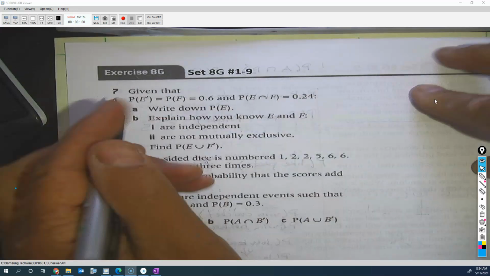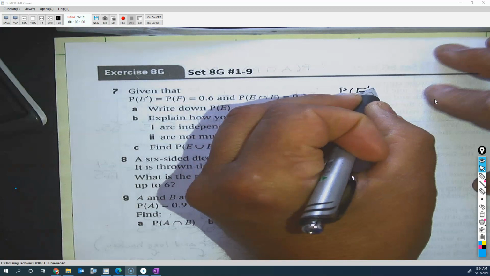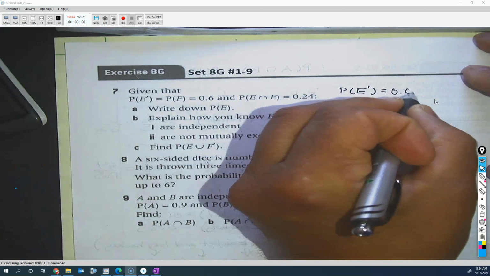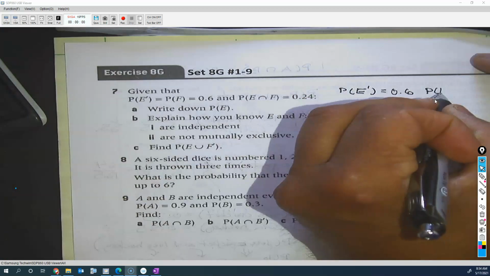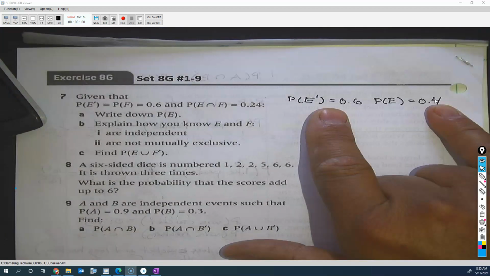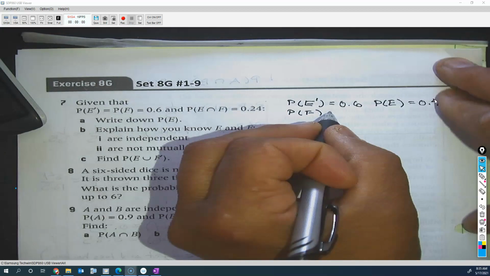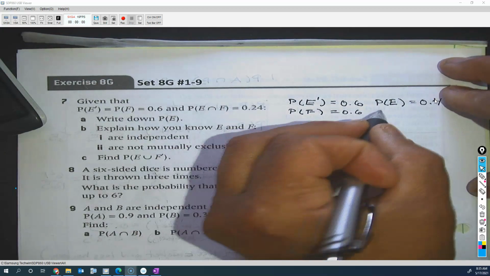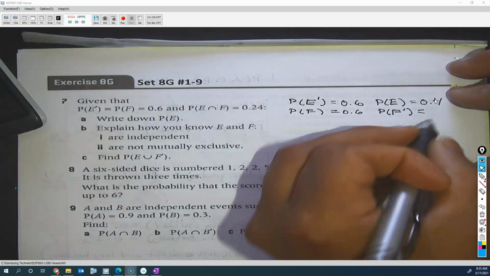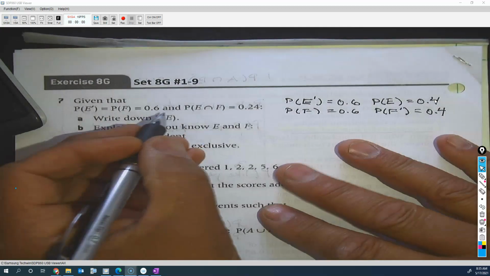So if P of F is equal to 0.6, then the probability of F complement is 0.4. Any questions on that? You've got to add up to 1. And if this is F complement, okay, so that's P right here.